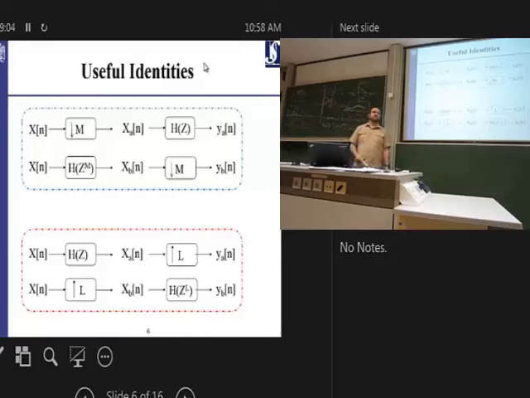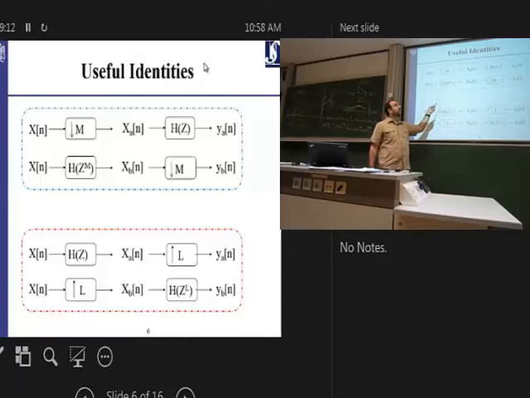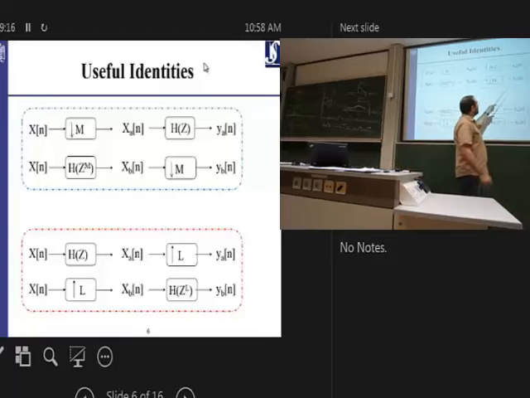These two systems are identical, and the answer is the same. So the same signal in the input will give you the same signal in the output.